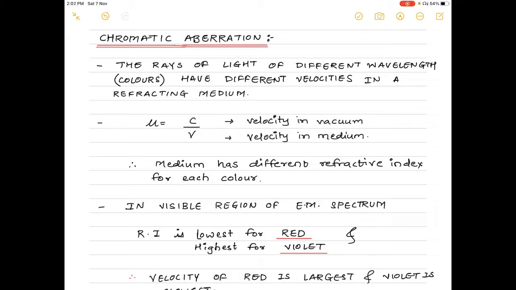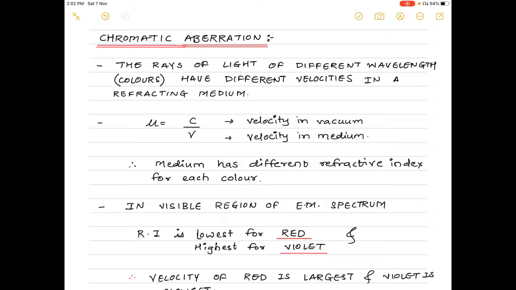While comparing the two types of optical telescopes that we have studied, refracting and reflecting, we came across one word, chromatic aberration, which is a problem that occurs while using a refracting telescope. So in short, we'll see what chromatic aberration is.